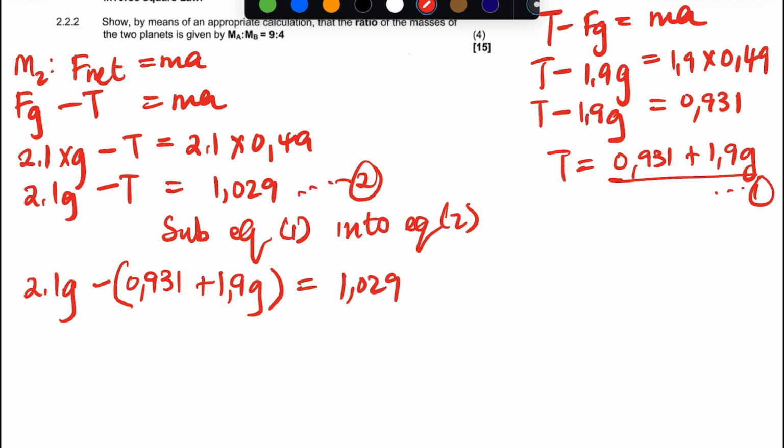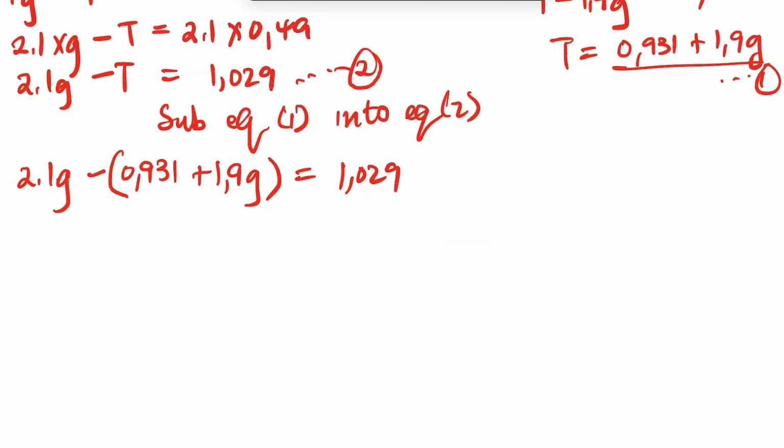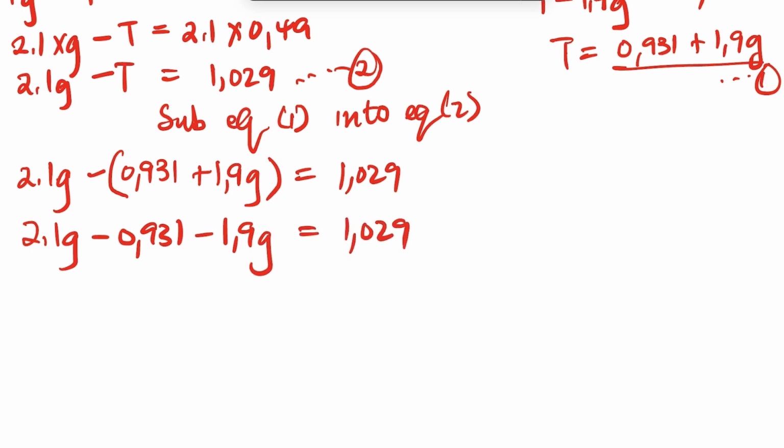I hope you are following. So it will be 2.1 G minus 0.931 minus 1.9 G equal to 1.029.